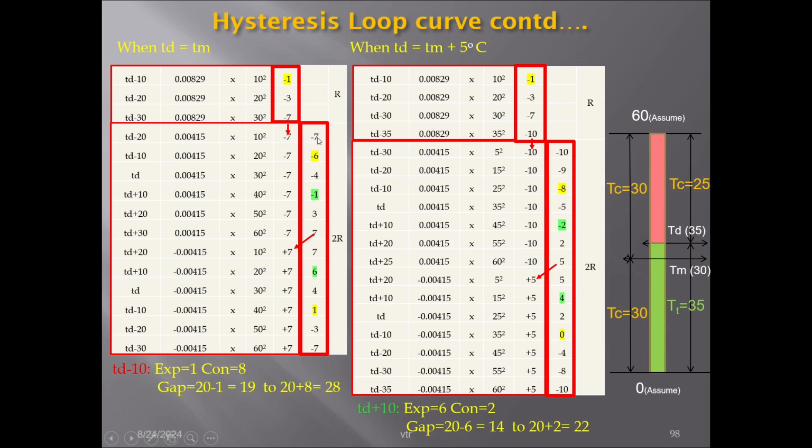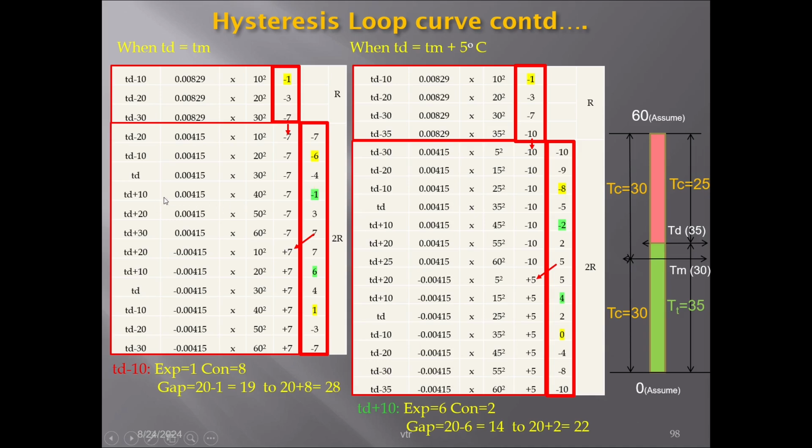That's why it is as it is. Subsequently for 20 degree variation, 20 squared: minus 7 plus this one, then 30 squared, minus 7 plus this one.